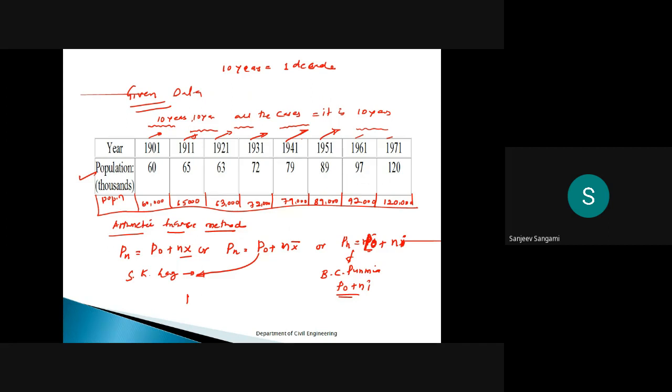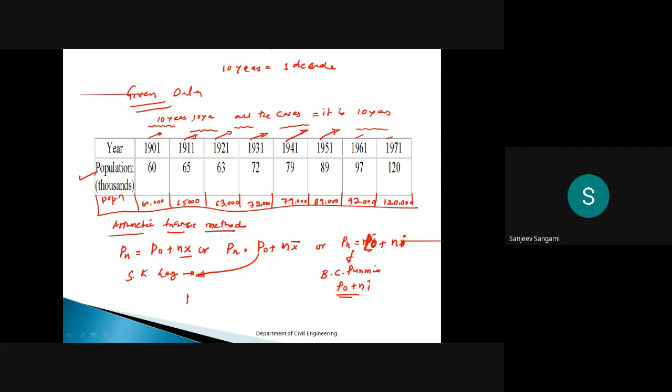They may twist the problem in another way. As I already explained, sometimes after 1991 he will directly give 1921. The problem can be framed in this way also.